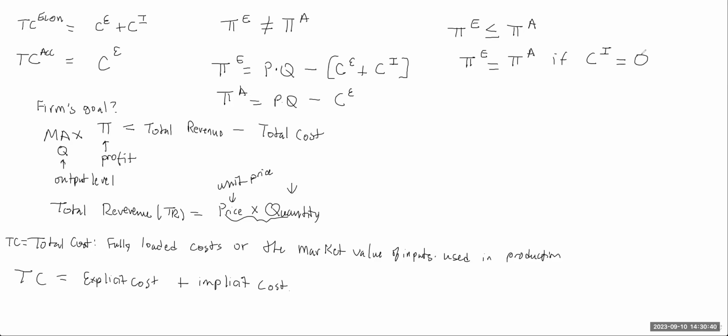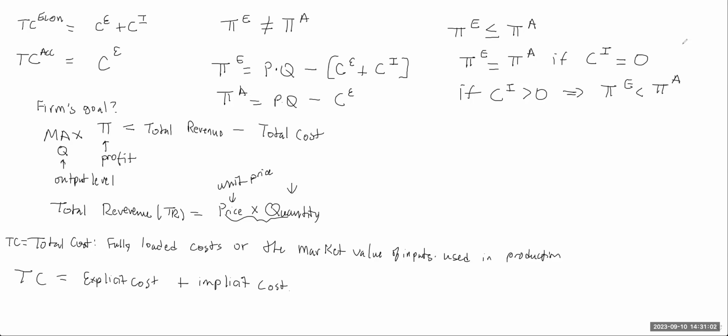That's the only time. So if implicit cost is greater than zero, and that's usually the case, then economist profit is always less than accountant's profit.